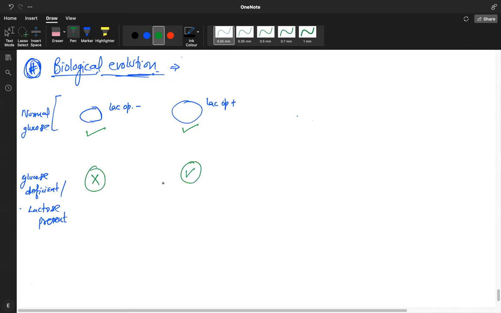Only this will survive. Does it make sense, everyone? So this particular bacteria got a metabolic advantage over the other one. And this was the first kind of selection that happened on the basis of differences in metabolic capability.